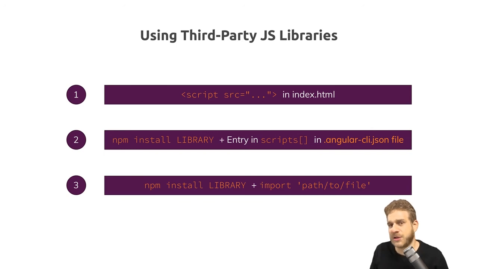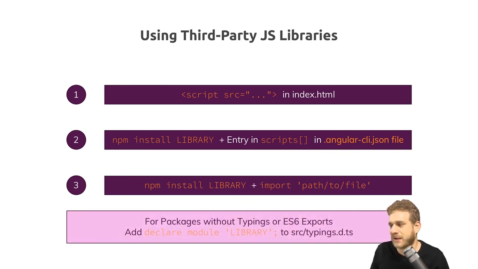If your downloaded library doesn't have such a file, you have to add something to the source typings.d.ts file you should find in your Angular projects, or which you can create if you don't have it. And there you add that declare module and then your library name line here. And thereafter, when importing it in other JavaScript files, TypeScript should understand the features of that library.